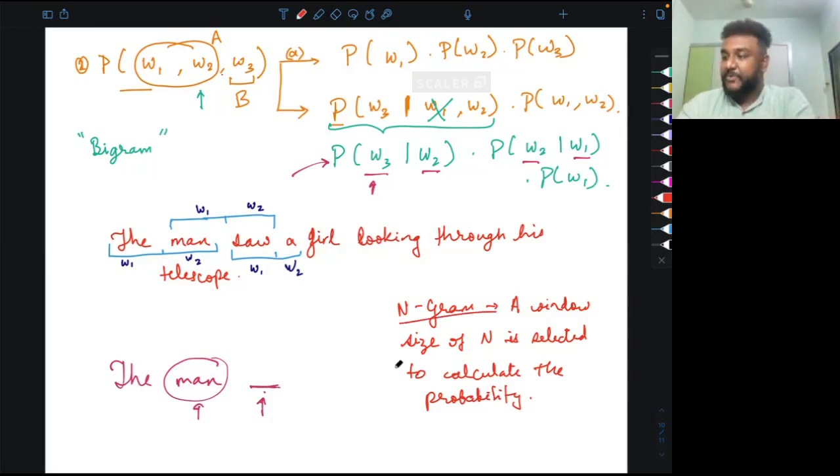That means n-gram. For example, bigram is when we use 2, trigram is when we use 3, and so on.